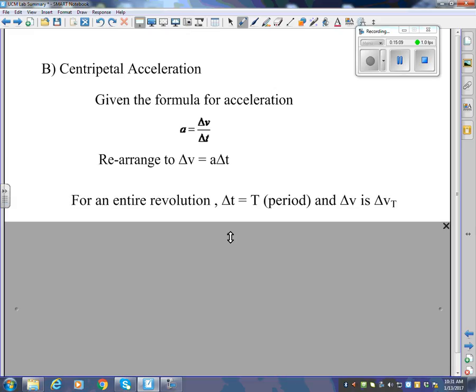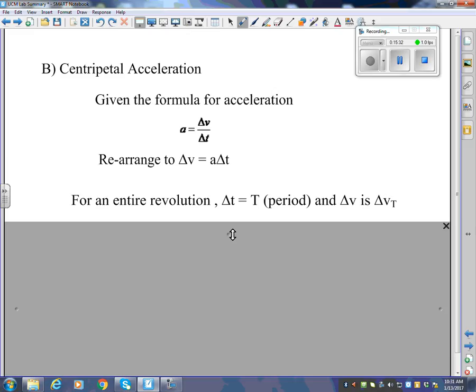And I'm going to say that for the entire revolution, the delta t is equal to the period. So I'm going to replace delta t with a big T. And the delta v I'm just going to relabel as delta v_T, for the total change in velocity in one revolution.